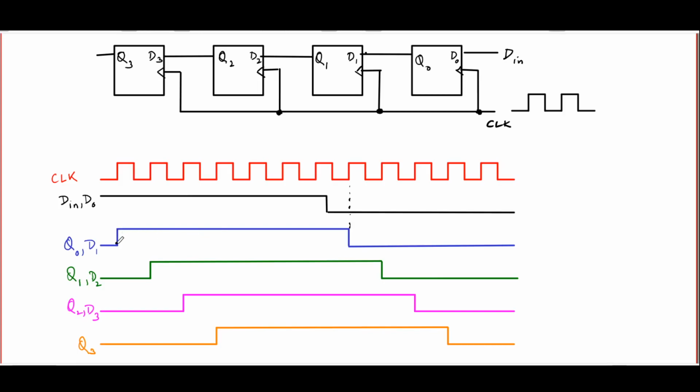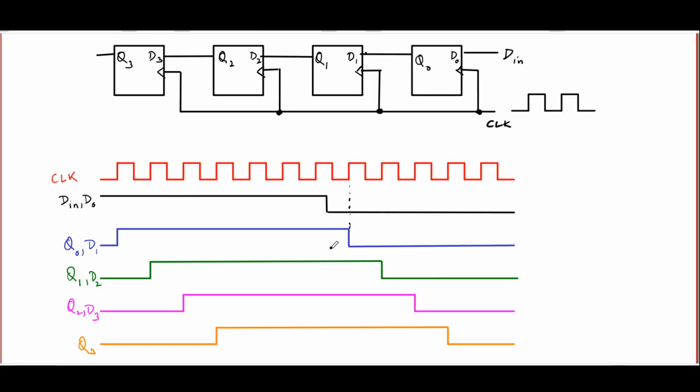What that really means is that by the time this Q0 has gone high, the clock edge has already gone away. Which is why Q1, the output to the next D flip-flop, will not respond at that moment. It will stay low. It will go high only when the next clock edge arrives.